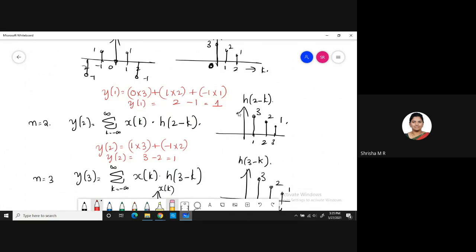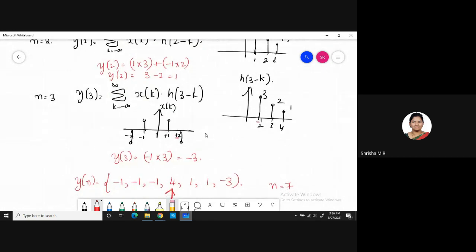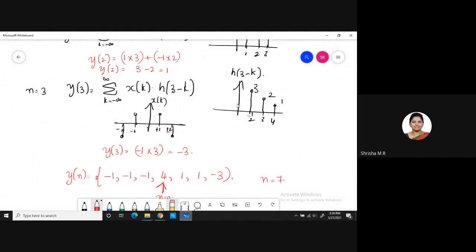So better you do like this, one step to the right, else you will have a lot of waveforms, it will be very confusing. So check the overlapping space between x of k and this one. It's overlapping at 1 and 2. So at 1 you have 1 here and you have 3 here. 1 into 3 plus -1 into 2. At 2 you have -1 here and 2 here. So -1 into 2. So overlapping space is only 2 instants. So you get 1.